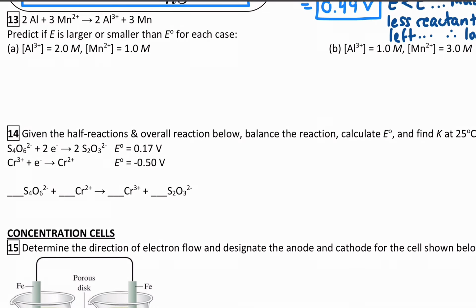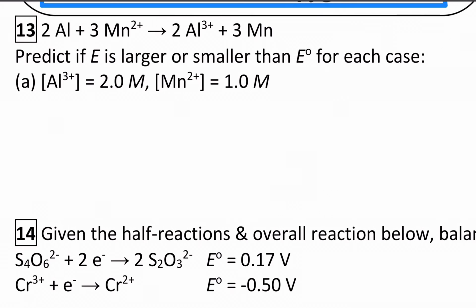Okay, welcome back. So zooming in on this, predict if E is larger or smaller than E standard for each case. Well, E standard is 1 molar for each, but here we have a higher concentration of product.